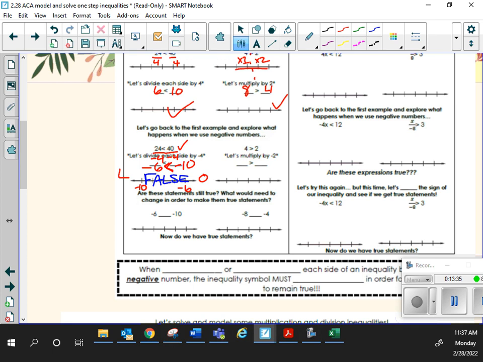Okay, let's look at the multiplication. Let's multiply, it says, by -2. Times -2, times -2. 4 times -2, signs are different, so negative what?